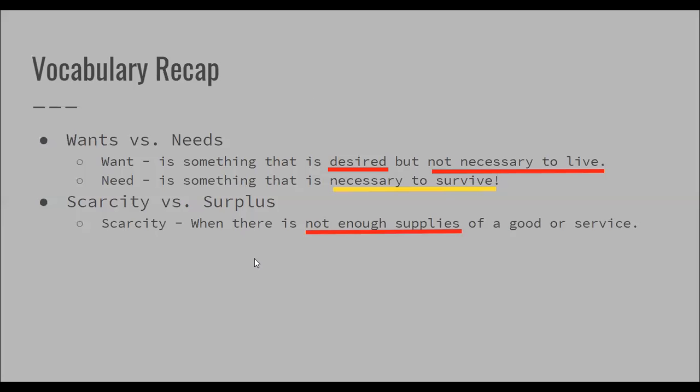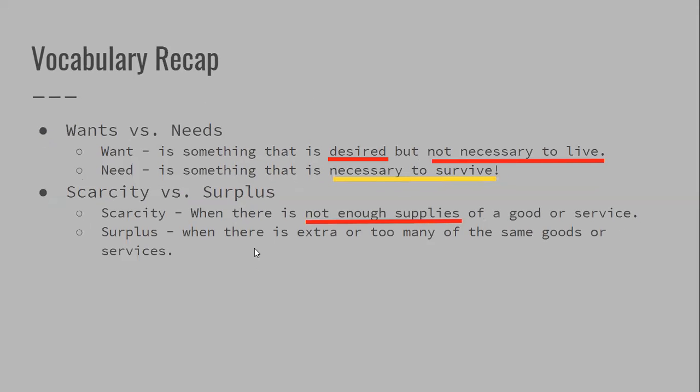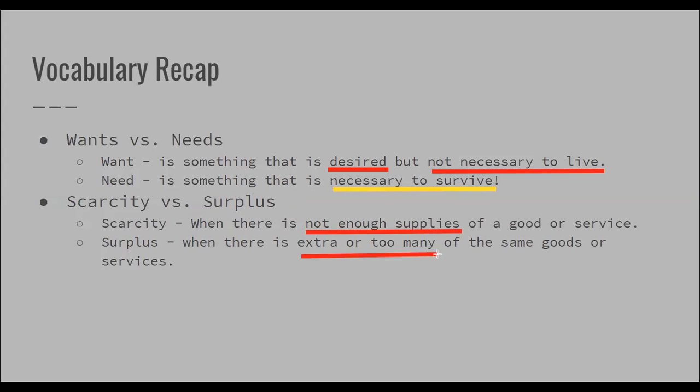We also have surplus. Surplus is when there is extra or too many of the same goods or services. We talked a little bit about this last week. We talked about how people are staying home more now, so the gas prices have lowered because there's an extra amount of gas. So there's a surplus of it.